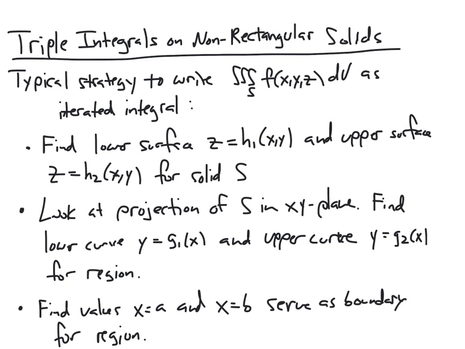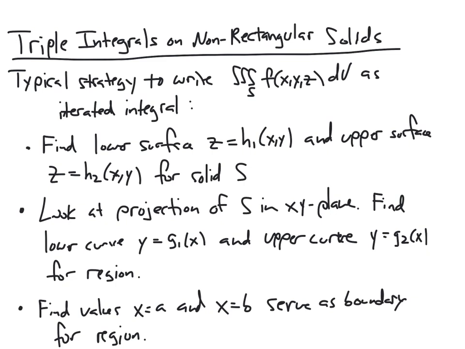So this is not the only way to do this, but usually there's one dimension where the solid is between two surfaces, and if those are both z surfaces, z equals some functions of x and y, then we're going to apply the strategy here. If we have surfaces y equals some combination of x and z, then we might exchange the letters y and z in this strategy.